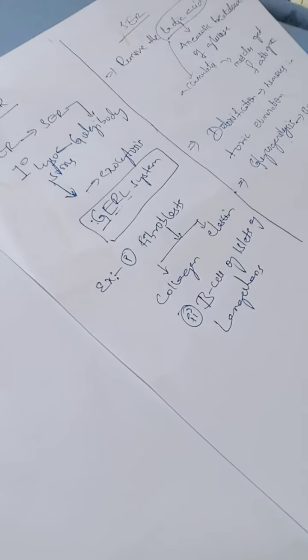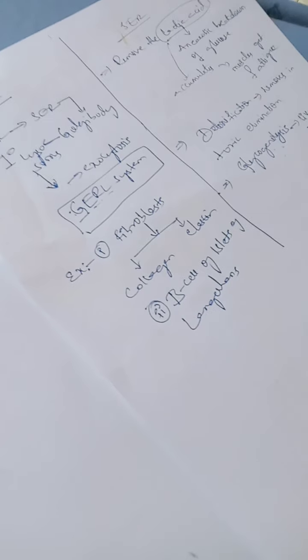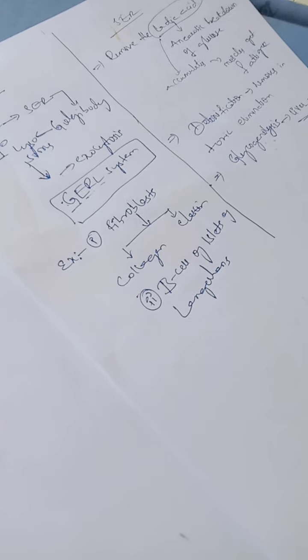Another best example we can give is beta cells of islets of Langerhans. Sorry if you are not getting my handwriting, just keep watching my video. These are the examples for the rough endoplasmic reticulum.